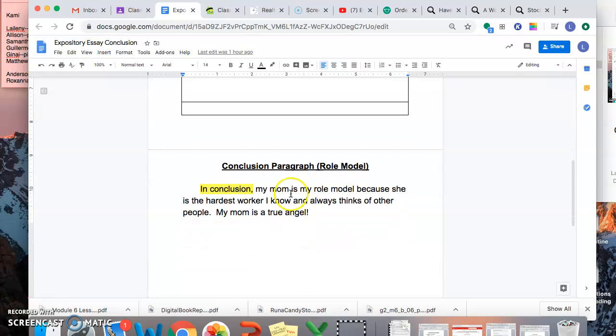Down here is my model about the role model for my conclusion. I started with "In conclusion," because that's our sentence starter. My mom is my role model. That's my thesis, because she is the hardest worker I know and always thinks of other people. Remember, my 2 reasons were that my mom was hardworking and she was thoughtful.